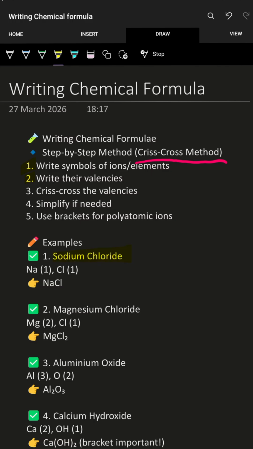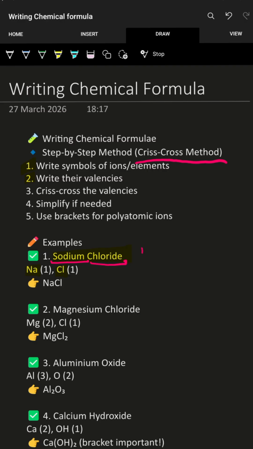So number one, write the symbol of ions and elements. The symbol of sodium is Na. Chloride comes from chlorine, so it is Cl. Now let me tell you here, symbol of sodium ion, because this again you need to follow that sodium chloride has sodium as the positive part, chloride as the negative part.